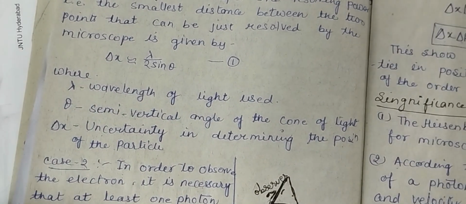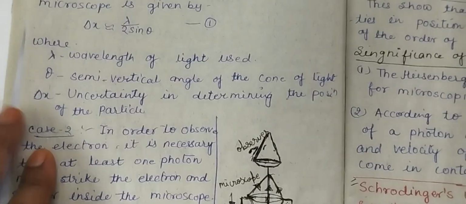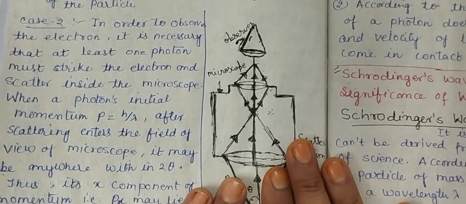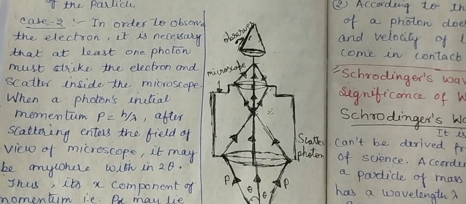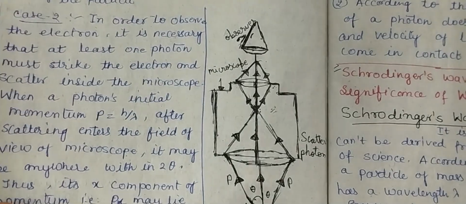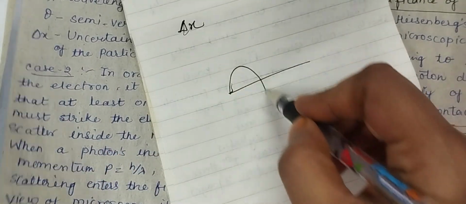Now we have case 2. What is case 2? I already explained how it works. फर्स्ट केस में क्या था, हमने ओनली डेल्टा एक्स लिया कि हमारा मेजरमेंट ऑफ पोजीशन ऑफ पार्टिकल कैसा दिया जाएगा, that is 2 sin theta. वाई साइन थीटा? आपने पढ़ा होगा AC और DC करंट, you have a wave.